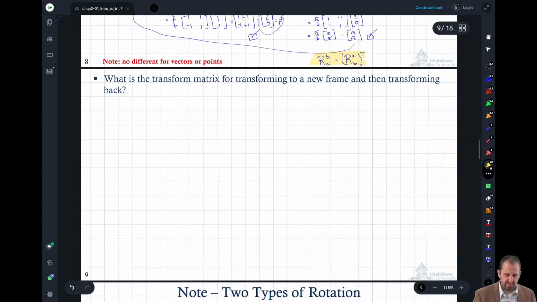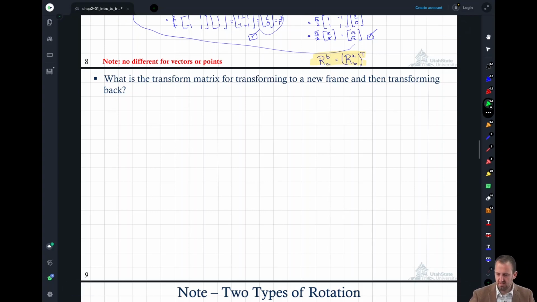Let's now look at a different problem. What we want to do is see what's the transformation matrix that takes us from one frame to another and then back again to the initial frame.